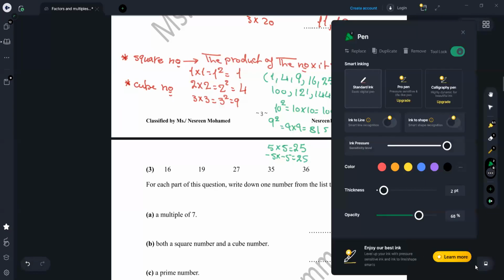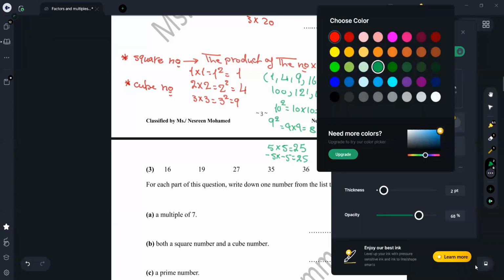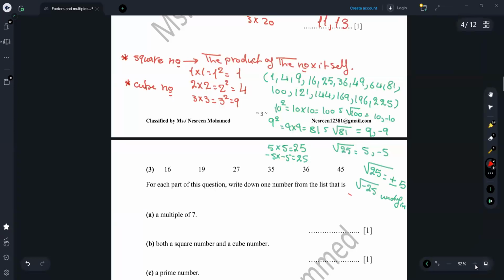But we can do another thing. In this case, we can say the negative outside and the square root of 25, I will drop the negative and put 5. This is right, but this is wrong. This is what we mean by square number and its inverse operation, which is square root.